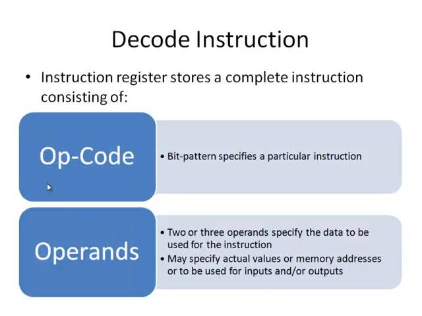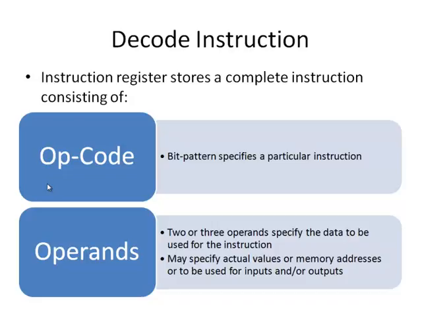The instruction that gets copied into the instruction register will consist of 2 parts. The opcode is really a pattern of 1s and 0s that is unique for each different instruction. So the add instruction will have a particular pattern of 0s and 1s that means add. And the subtract instruction will have a slightly different pattern of 0s and 1s that means subtract. So a particular bit pattern will specify a particular instruction.